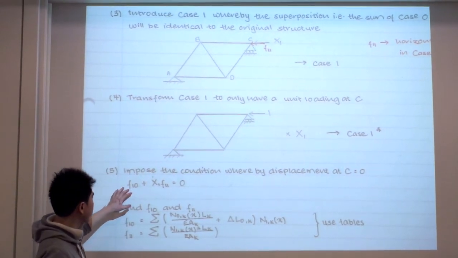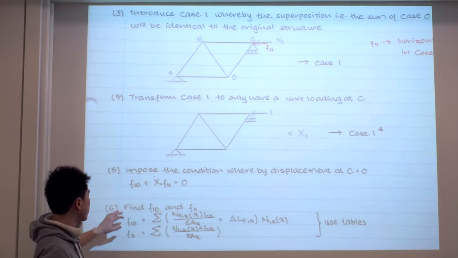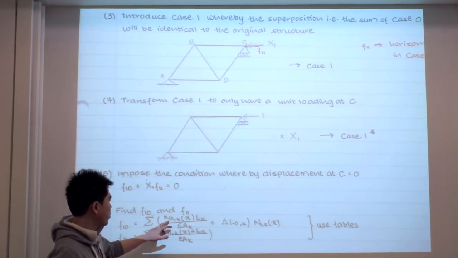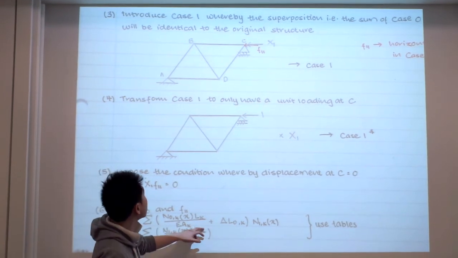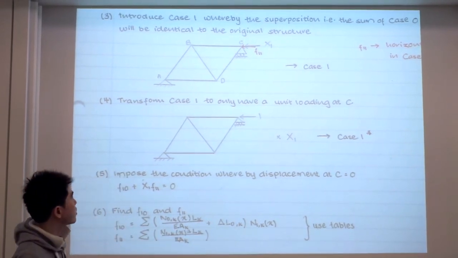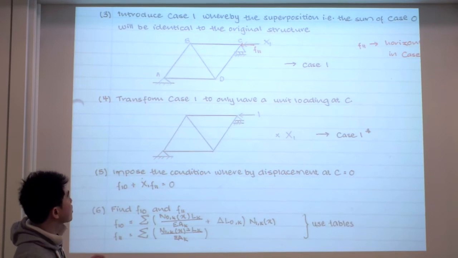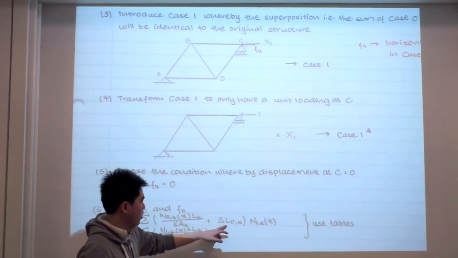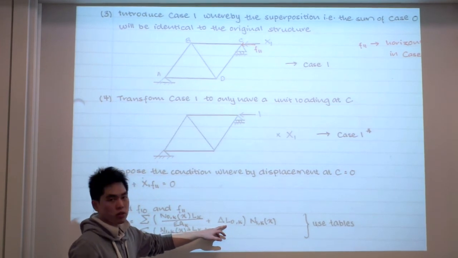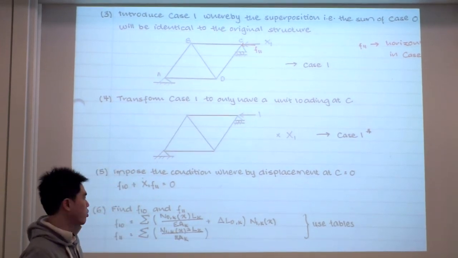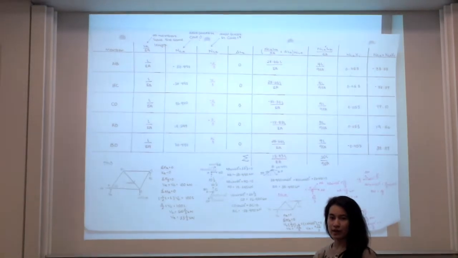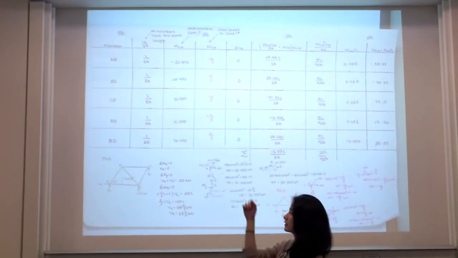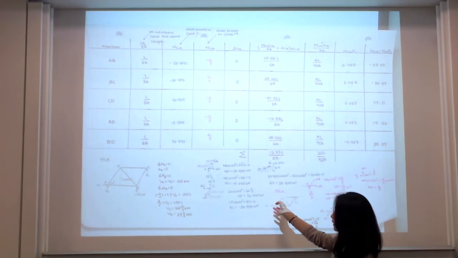To find F10 and F11, we have the equation here, where N0 and N1 are the axial forces in each member of case 0 and case 1, and delta 0 here is the elongation, which is also equal to 0.